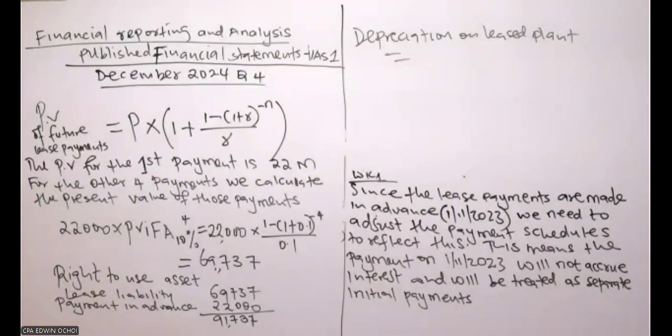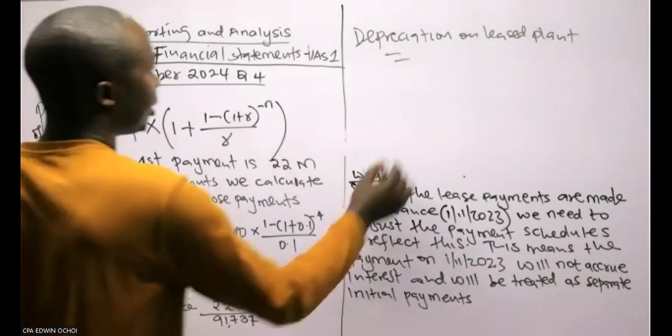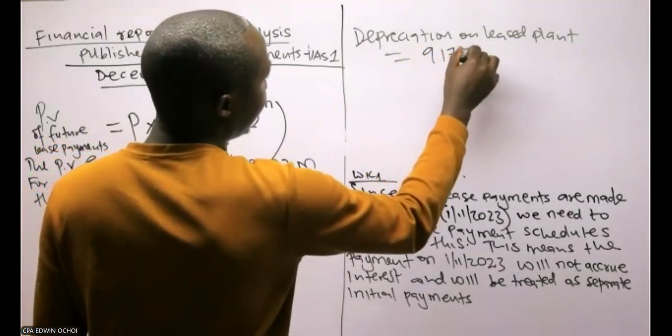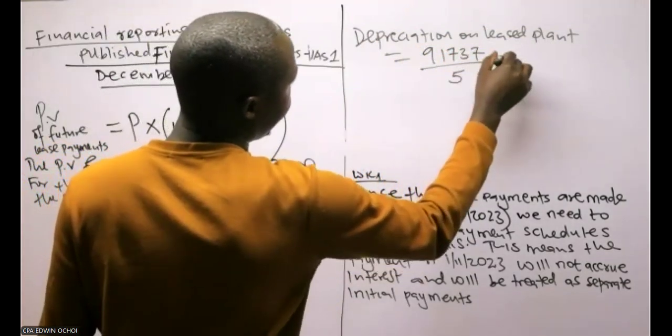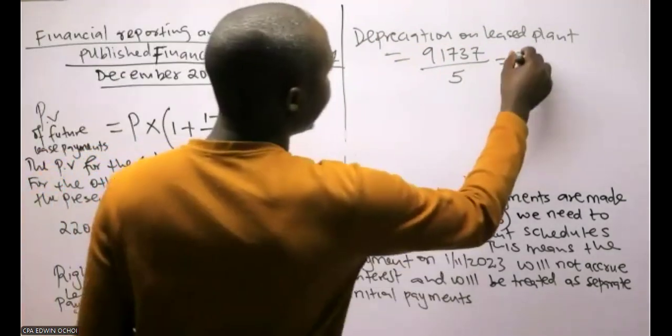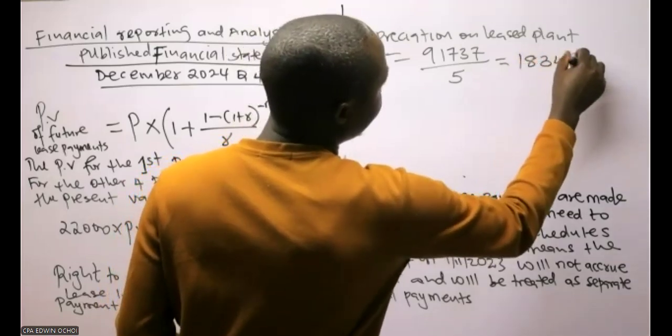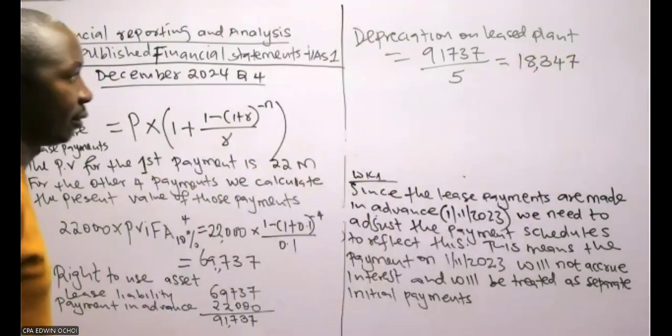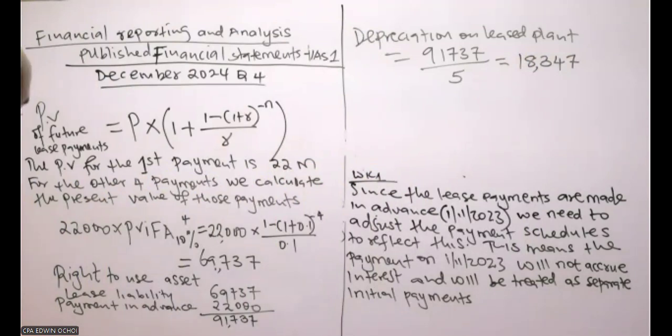So 91,737 divided by 5. You get 18,347. So that was the only challenging additional information.